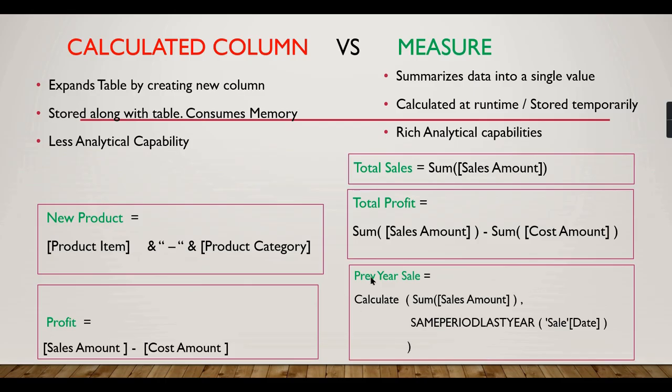Another typical example is previous year sales. You want to calculate the sum of sales and wrap it in a CALCULATE function. CALCULATE is a powerful DAX function that will alter your filter context. So it will be SAMEPERIODLASTYEAR on the sales date. What this calculation is doing is calculating the sales for the same period last year.